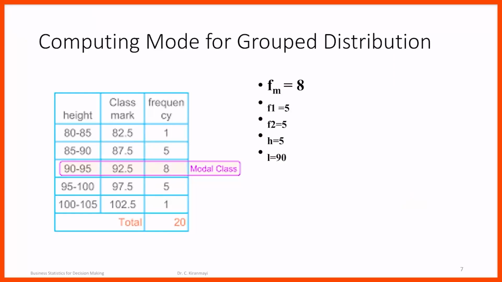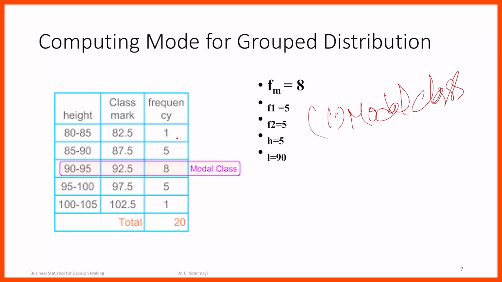After obtaining all these values, by substituting them in this formula, one can obtain the value of mode. For example, let us consider this grouped distribution and identify the modal class. Mode means the value which gets repeated the maximum number of times.